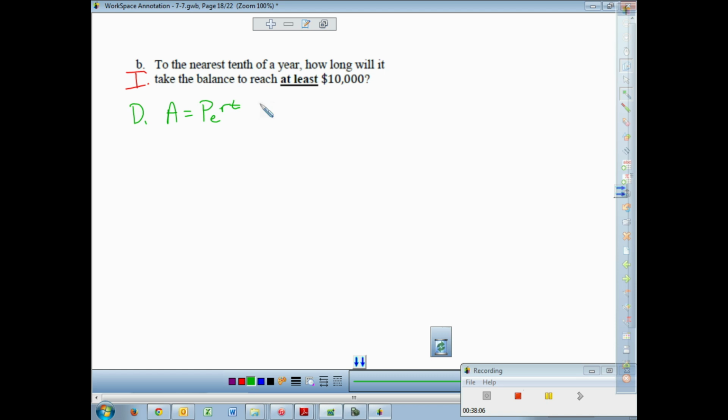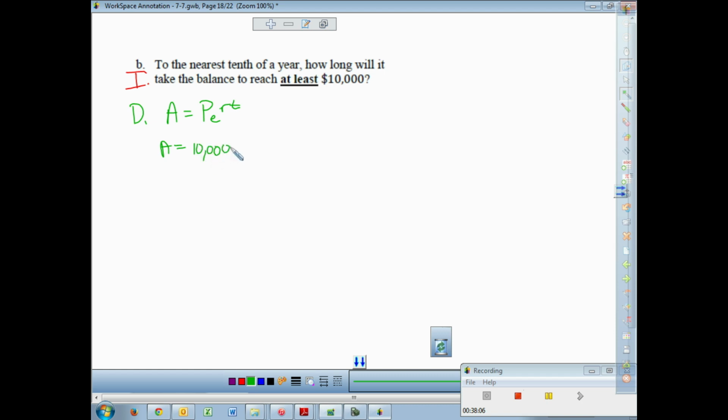Now let's define what we know, though. To the nearest tenth of a year, how long will it take? There's your thing that you don't know. When they ask you how long will it take, what's the thing that we won't know? Time, right? Do you know the amount that they want in the account? A equals how much? 10,000.